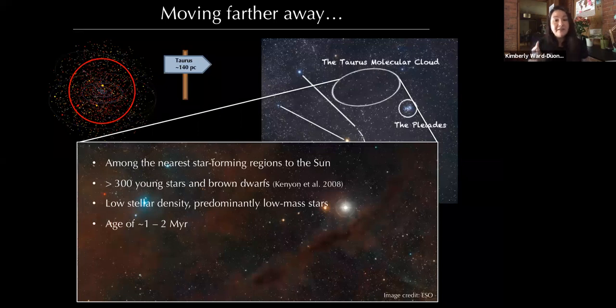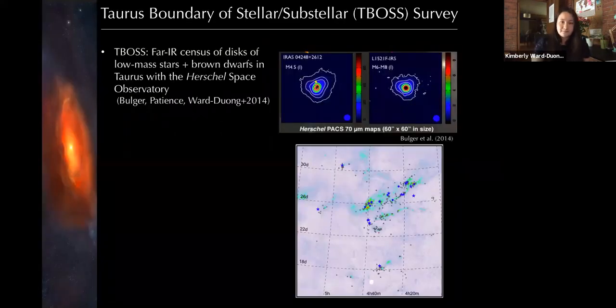So it's a perfect environment to try and understand the properties of low mass stars and brown dwarfs at very early stages when their protoplanetary systems are quite young. So I'm going to talk a little bit about an ongoing effort called the Taurus Boundary of Stellar Substellar, or TBOSS survey. This started with a far infrared census of protoplanetary disks around these objects with the Herschel Space Observatory.